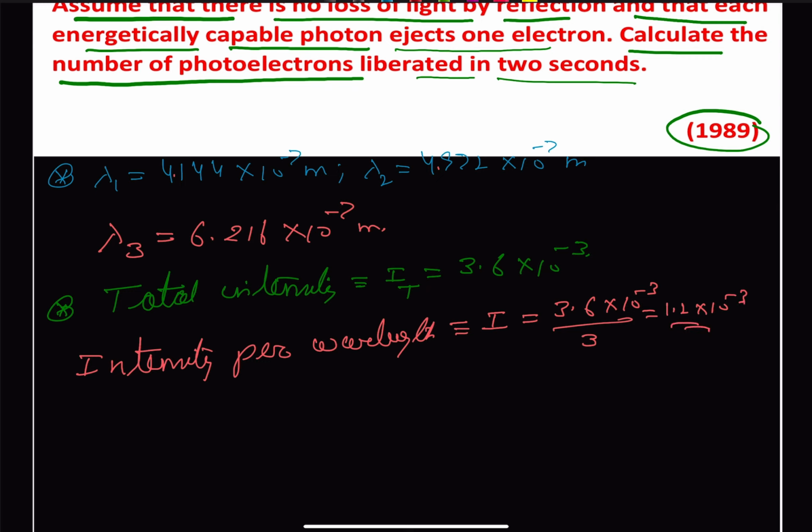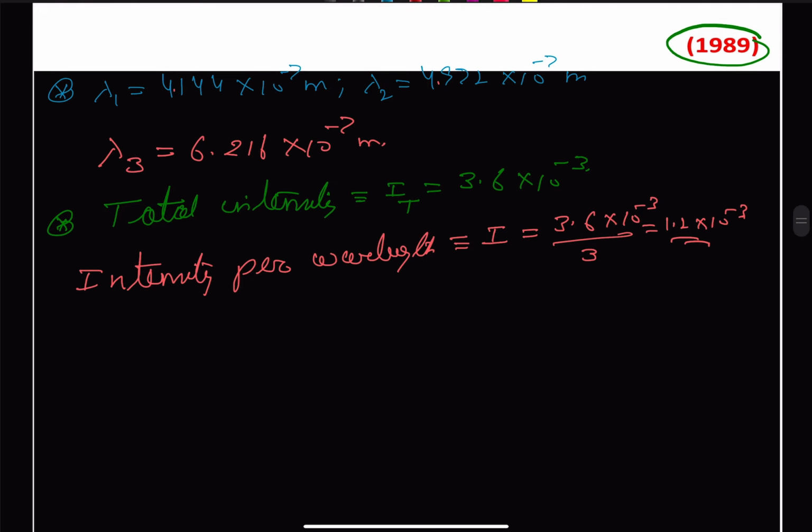Area is given to us, work function is also given, and we are going to find out energy per photon, because that is basically related to our work function, because we are going to make a comparison between the energy and the work function.